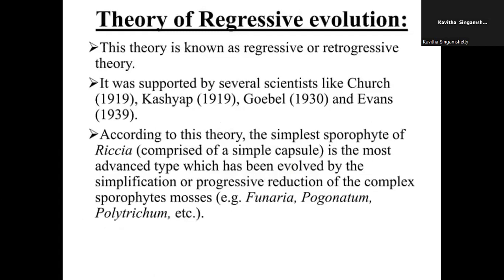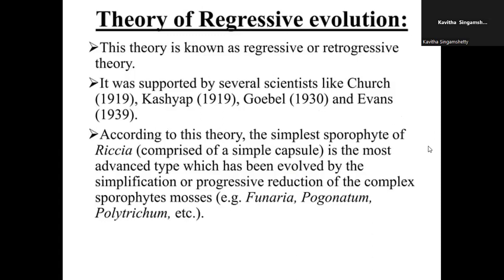Now we are moving on to the second contrasting view regarding the evolution of the sporophyte. This theory is referred to as the theory of regressive evolution, or the retrogressive theory of evolution. This theory was given by the scientists Church, Kashyap, Goebel, and Evans.